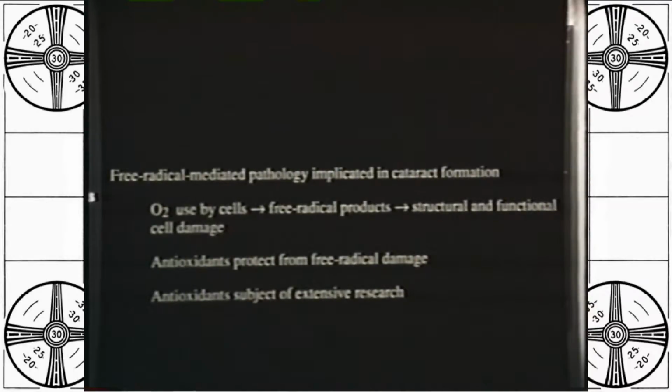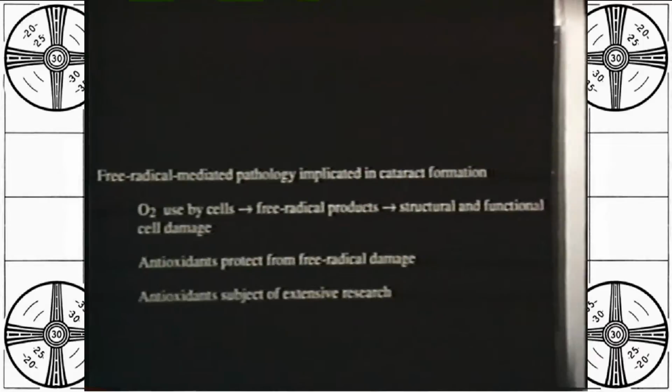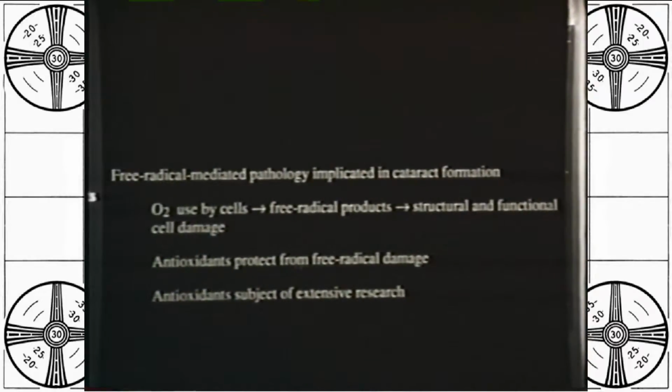Because we are air-breathing, oxygen-using organisms, metabolic processes occur in our body that produce byproducts, free radical products, and these can cause structural and functional cell damage. Antioxidants are substances and molecules that protect or repair the tissue when this free radical damage occurs. Antioxidants are now the subject of extensive research.